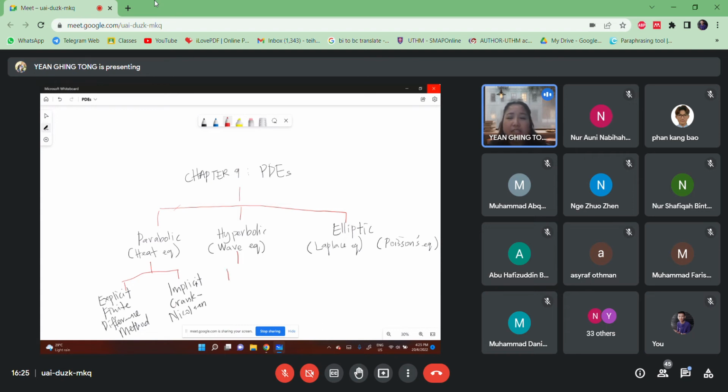And this is using finite difference methods, and these two also use finite difference methods. All of these will be covered in your syllabus. So today we will start with the parabolic heat equation, explicit finite difference method.